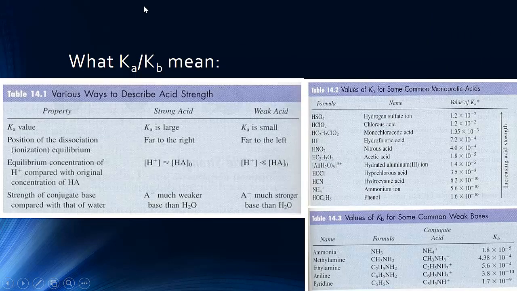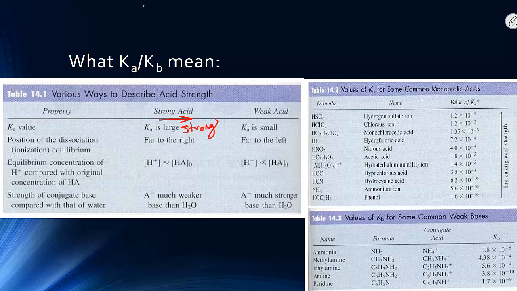So what do Ka and Kb mean? Remember, it just deals with equilibrium position. If you have a K that is very large, that means that you favor products. So that means that you favor the dissociation. So when Ka is very large, that is a strong acid.